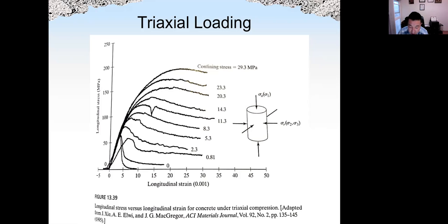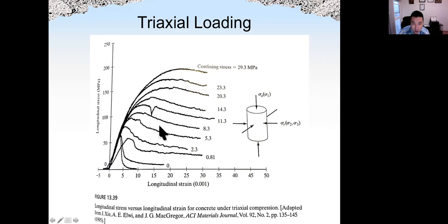So what we can see here is both the peak strength and the peak strain will increase when we increase the confining stress. So the highest peak stress and peak strain occurs at the highest confining strength of 29 megapascal. Okay, so that is good.